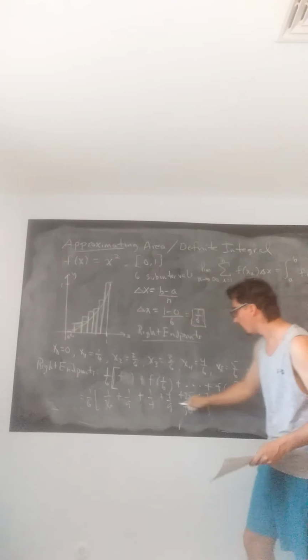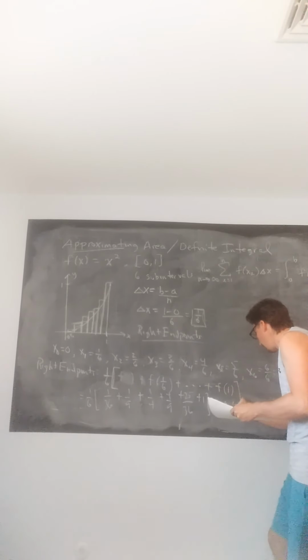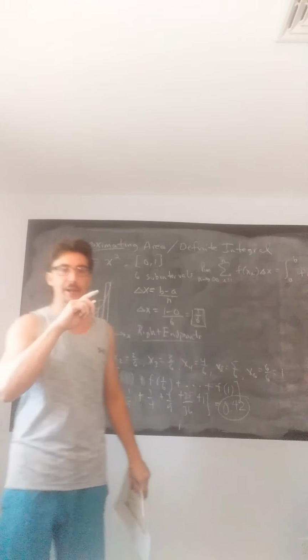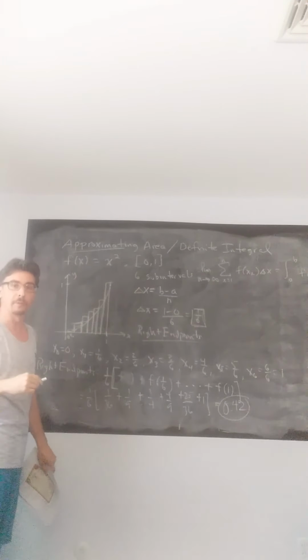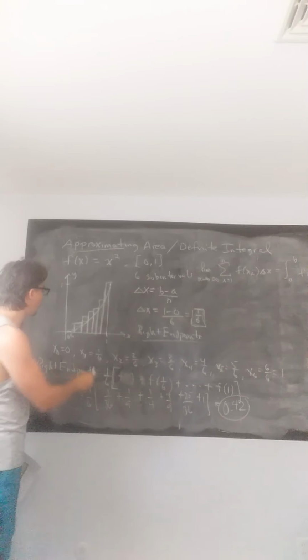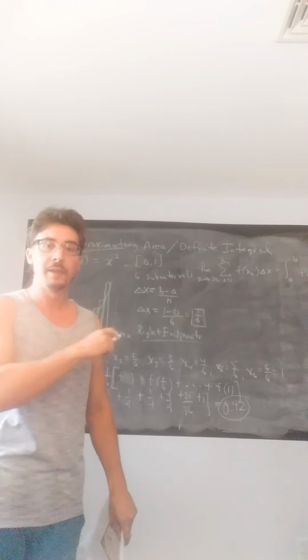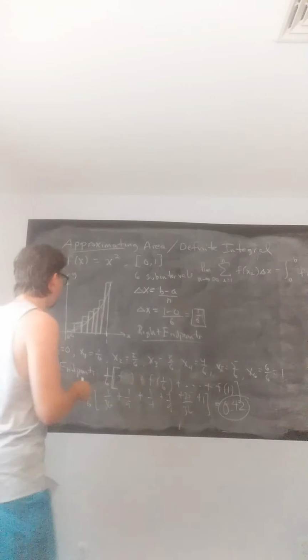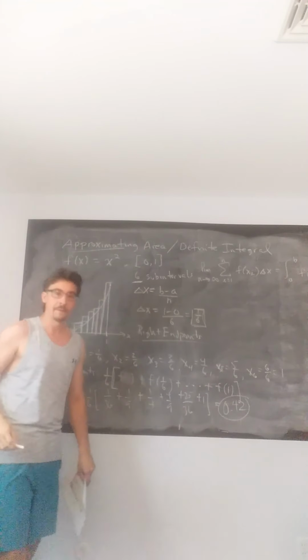And when you add all those up and multiply by a sixth, you would get 0.42. So what this means is when you use the right-hand point of these approximating rectangles, the approximate area over 6 subintervals would be 0.42. Is that the actual area? No, it is not the actual area. That is the approximate area based on 6 subintervals.